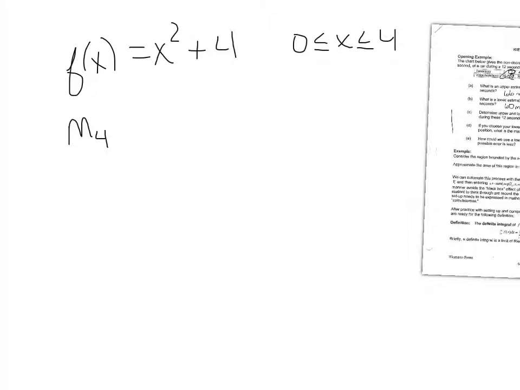We know what x squared plus 3 looks like, I hope. It starts at 3, and it's going to look something like this. And we are going to estimate between 0 and 4, and we have 4 subintervals. That means if we're going to do a Riemann sum, Luke, we're going to have 4 rectangles.